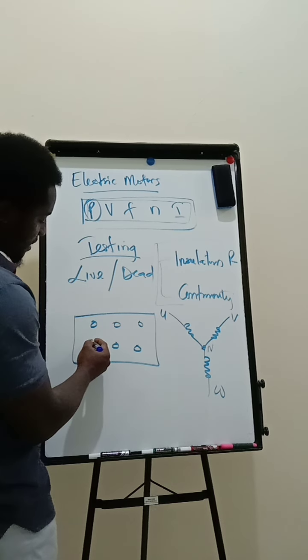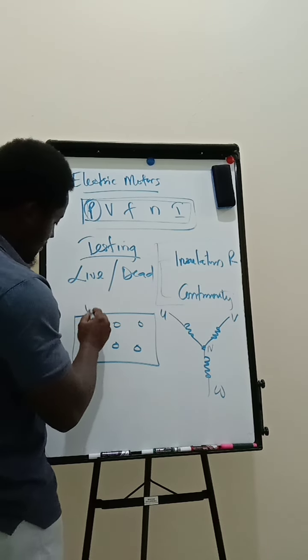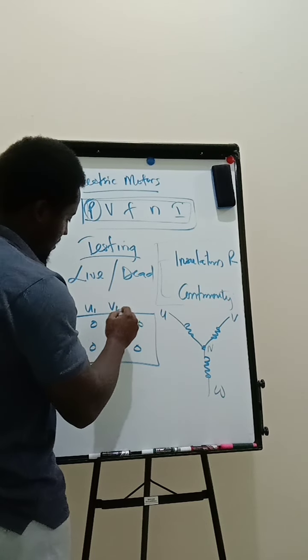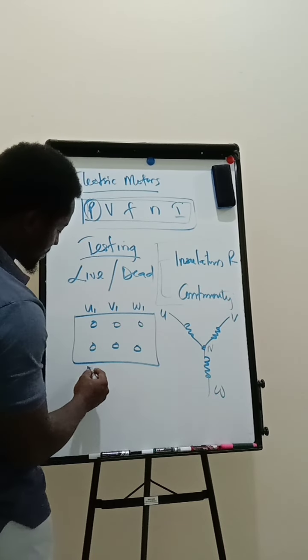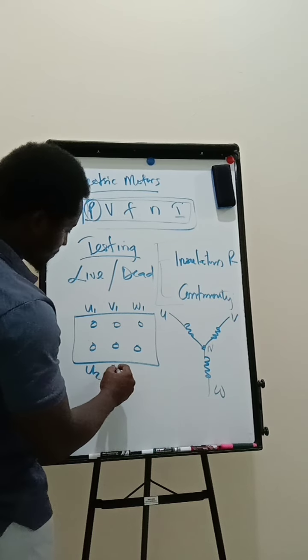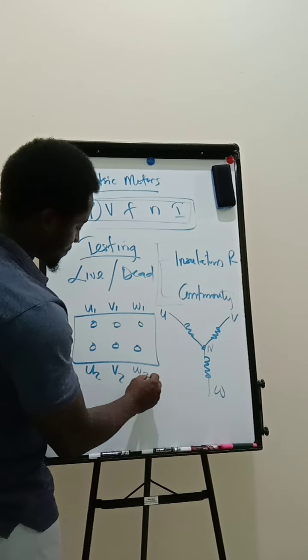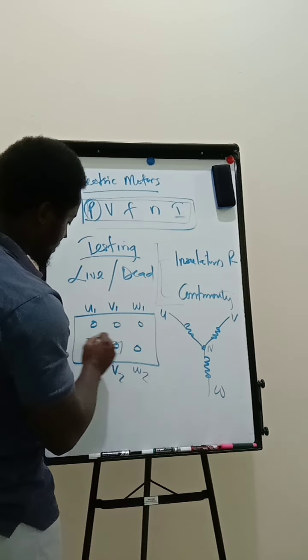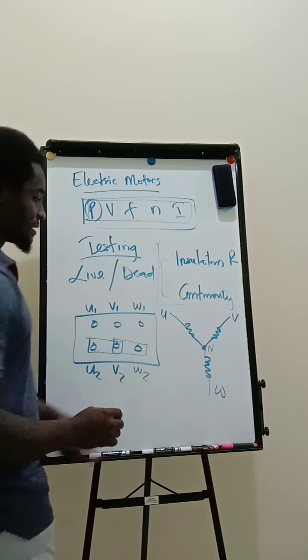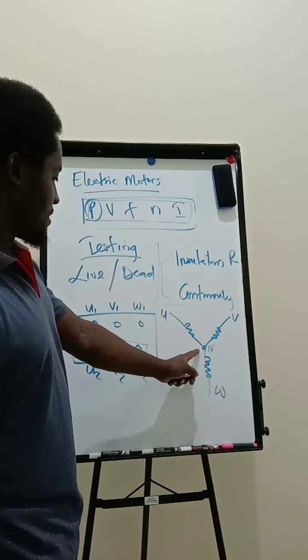We are going to connect all of the windings. For example, we have U1, V1, and W1. So here we are going to have U2, V2, and W2. All these points are going to be connected together, like we see here on the winding configuration.